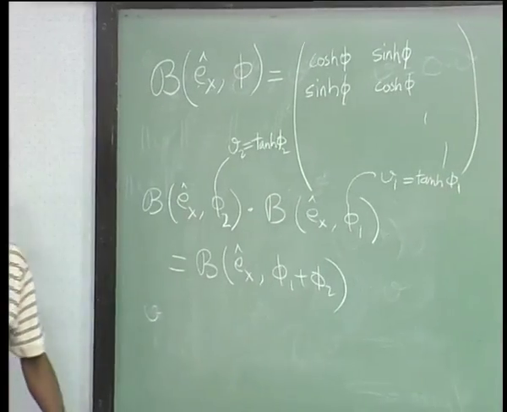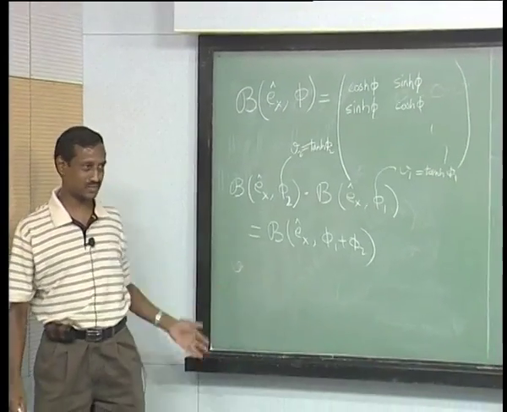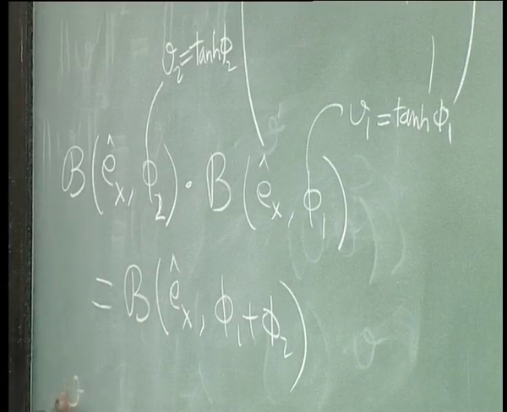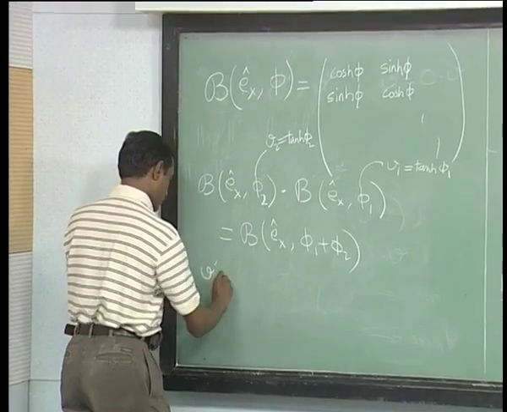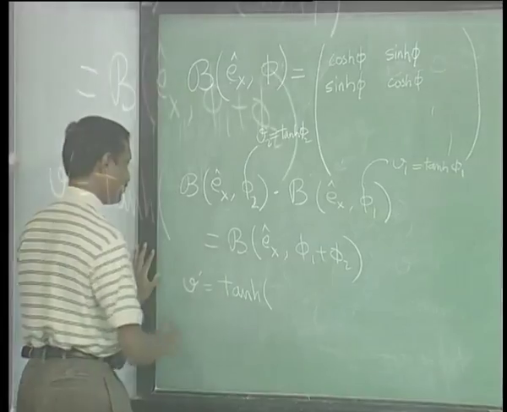I should divide by C, but I will set C equal to 1, because you can always put it back. Now, what this tells you is that the addition rule will say V prime would be tanh of the sum, after you compose them together.